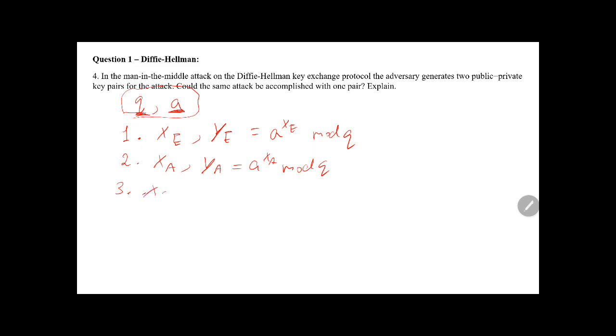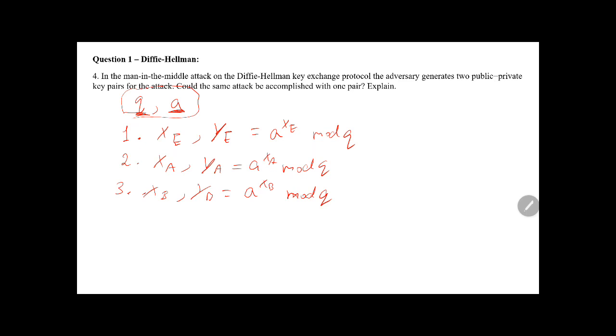So he would have XB and YB, which he will get using A^XB modulus Q.